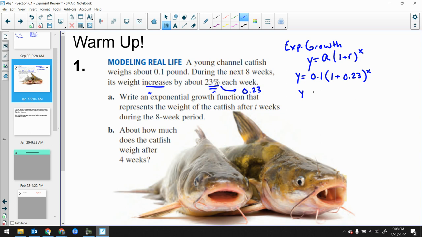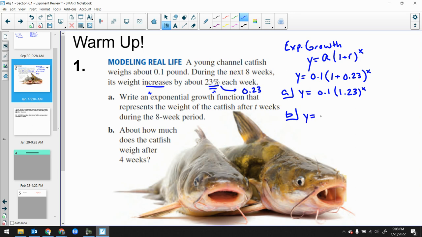So now I say my final answer for part A is y equals 0.1 times 1.23 raised to the x power. Now, part B says I want to know how much the catfish weighs after 4 weeks.